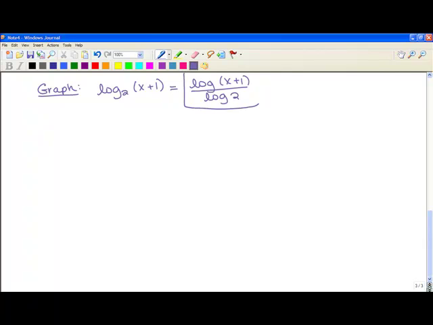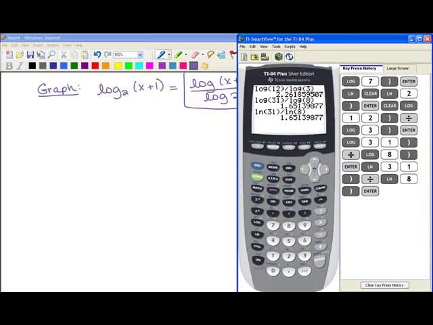We'll type this in our calculator to get the graph. Press the y equals key. Clear out any previous functions. We'll type it in.